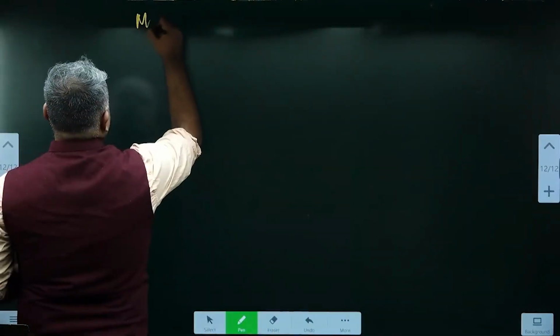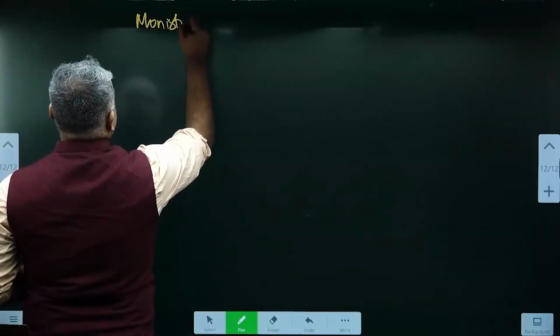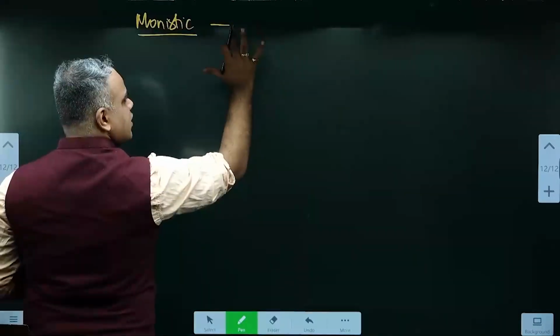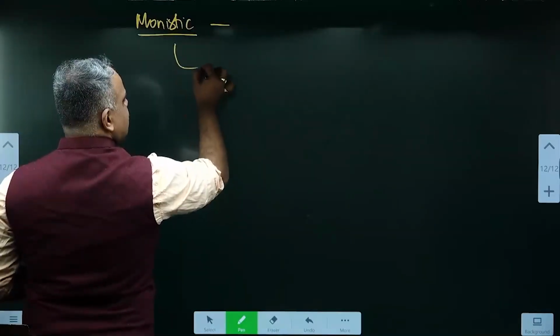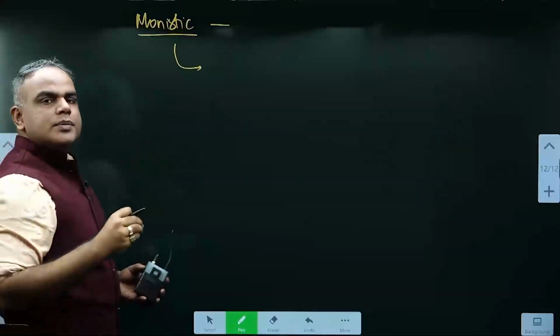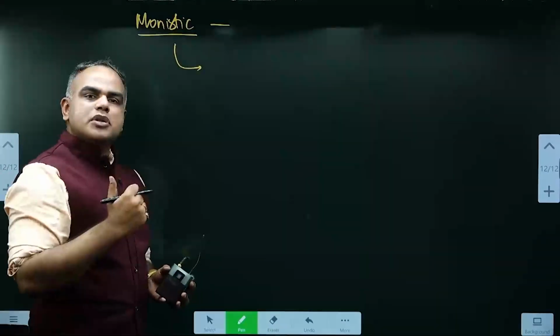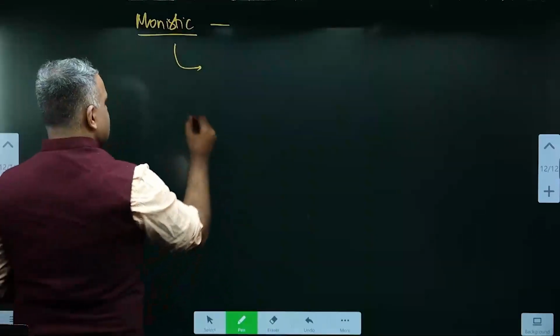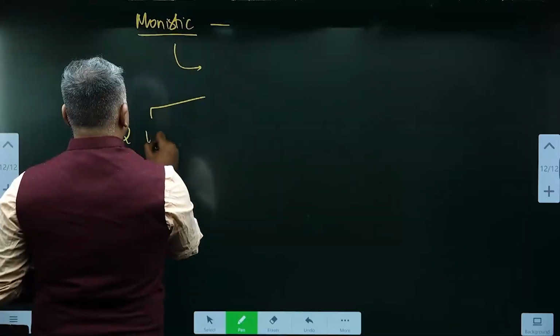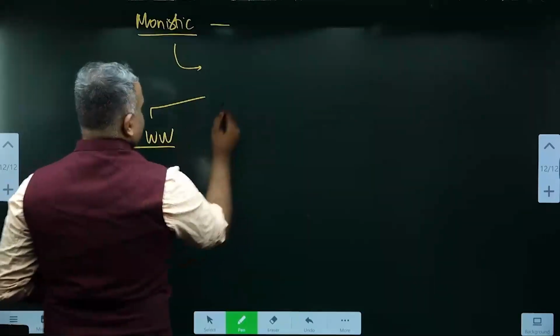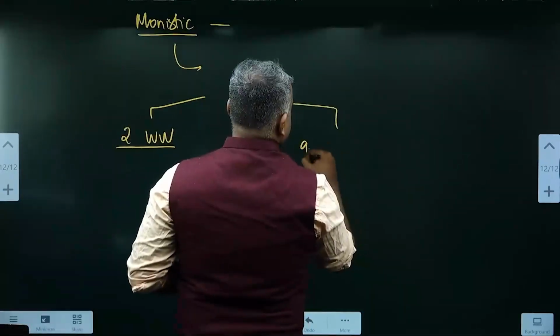See, monistic theory, what is the theory saying? The state is sovereign, absolutely. Too much power, what will happen? We saw world wars. Hardly any collaboration with the states. So two things happened: two world wars, and now a growth of international law.